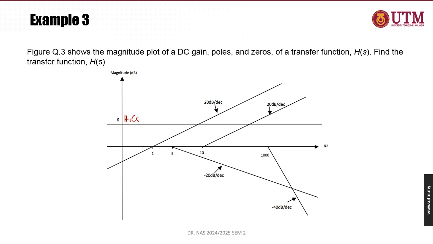So we call it H1(s). So H1(s) equal to 6 dB equal to 20 log of your K, the constant. Therefore, the constant equal to 2.